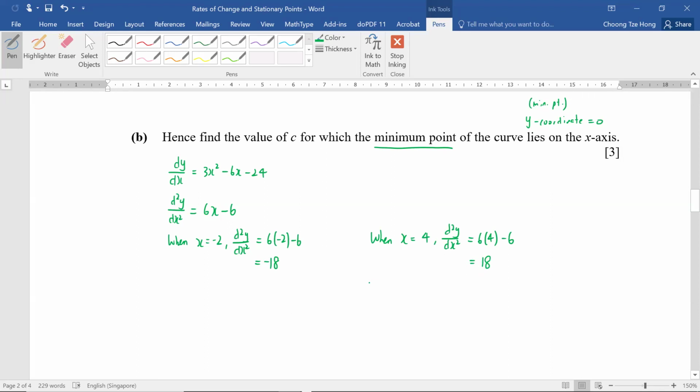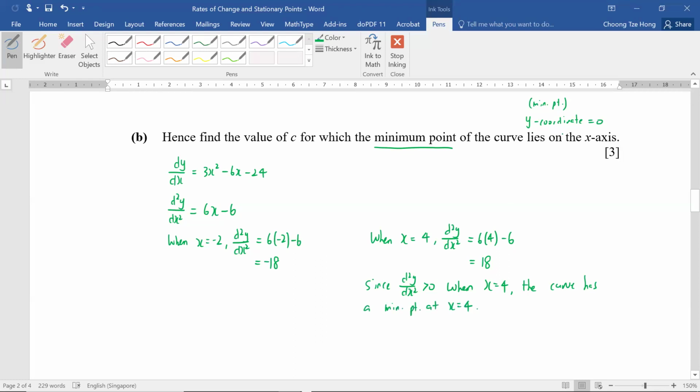So what we can write is that since d²y/dx squared is greater than 0 when x equals 4, the curve has a minimum point at x equals 4.